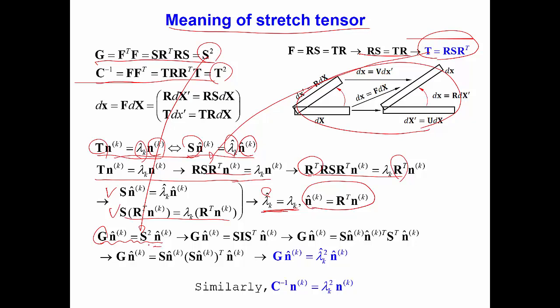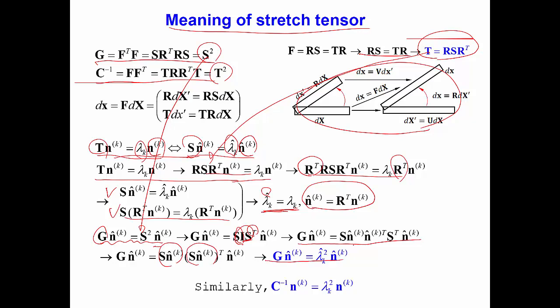Because this matrix multiplication results in the identity matrix, it always holds. S is symmetric, so we can replace the second stretch tensor S by its transpose. Now, we can find a more meaningful form like this after some arithmetic arrangement. You know this eigenvalue problem where n hat k is normalized.